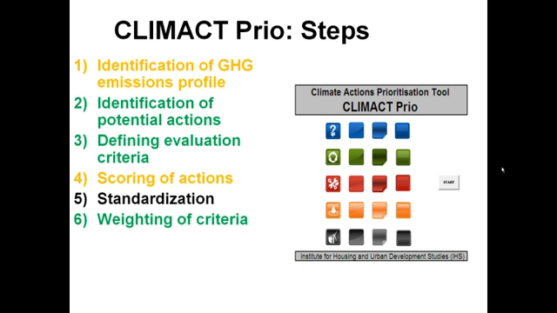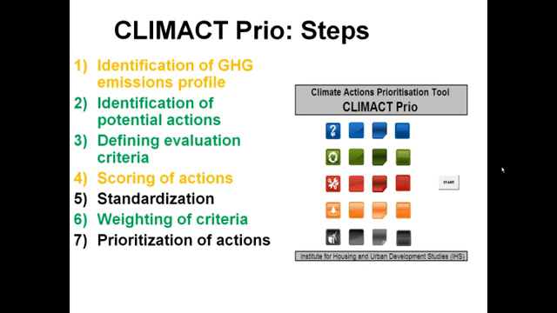So the weighting of criteria is a process where we elicit, we derive the preferences of stakeholders regarding the importance of the criteria. As you can imagine, this is a step which requires an integration or inclusion of different stakeholders and could be in the form of organization of stakeholders, consultation groups, and so on.